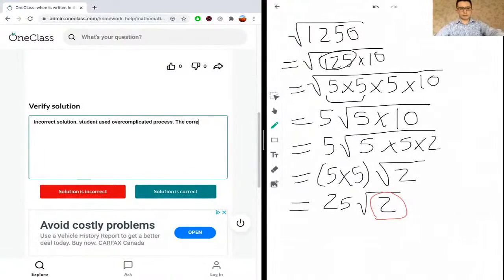The correct simplified radical form is 25 times square root of 2. Therefore, the answer is 2 remains under the radical in the simplified form.